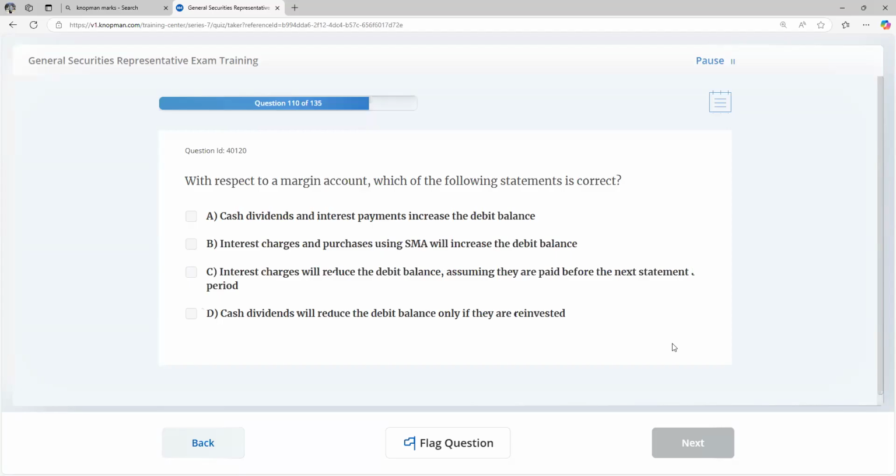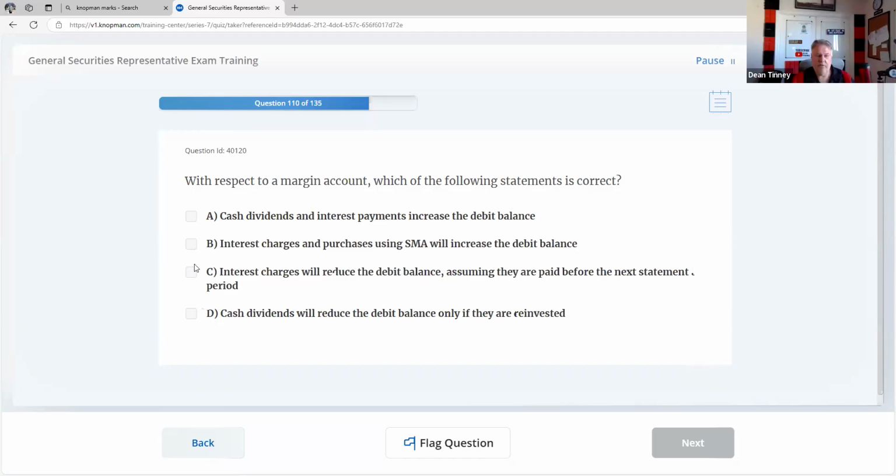I'm between a couple of them. I don't think it could be D. But then again, it could be. They're reinvested. I really have no idea what this one could be. I'm not gonna lie, this is a tough one.